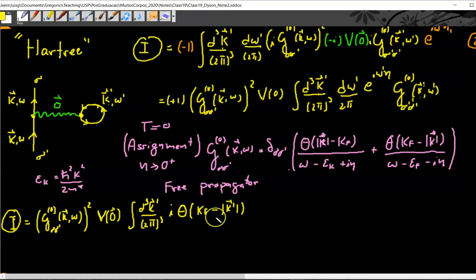And what does that mean here? What does theta kf minus absolute value of k prime mean?